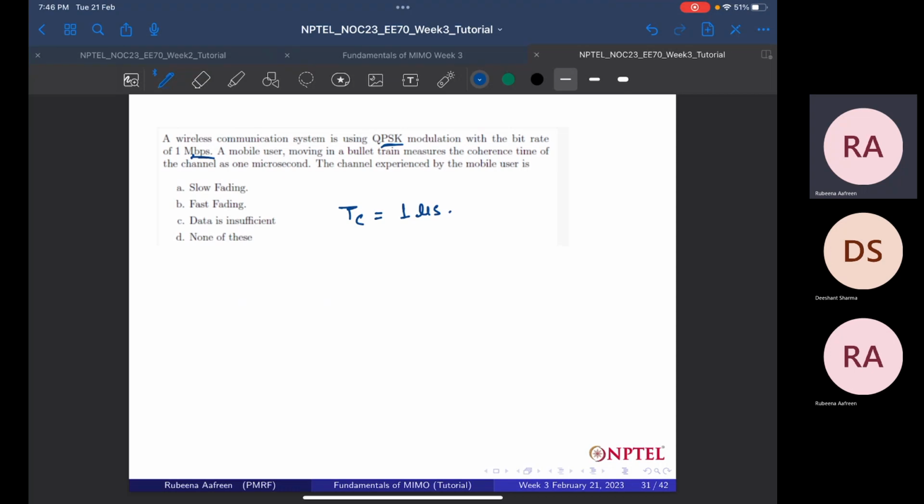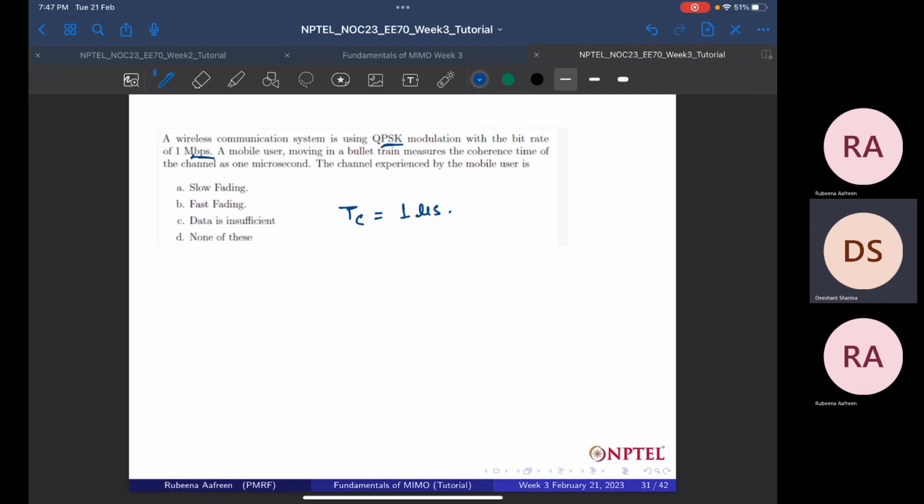So what should it be, Dishan? It's fast fading, I guess, because symbol time is more.